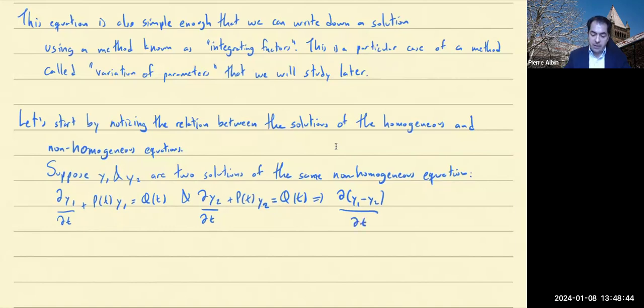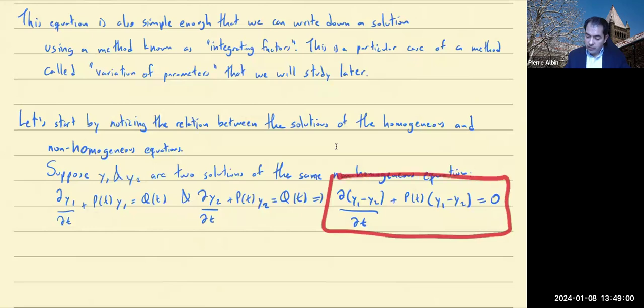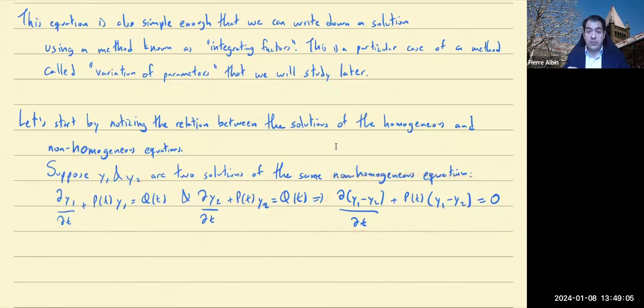And if I have p times y1 minus p times y2, I get p of t times y1 minus y2 equal to 0, right? So we stare at this, and we notice that the function y1 minus y2 solves the homogeneous equation.